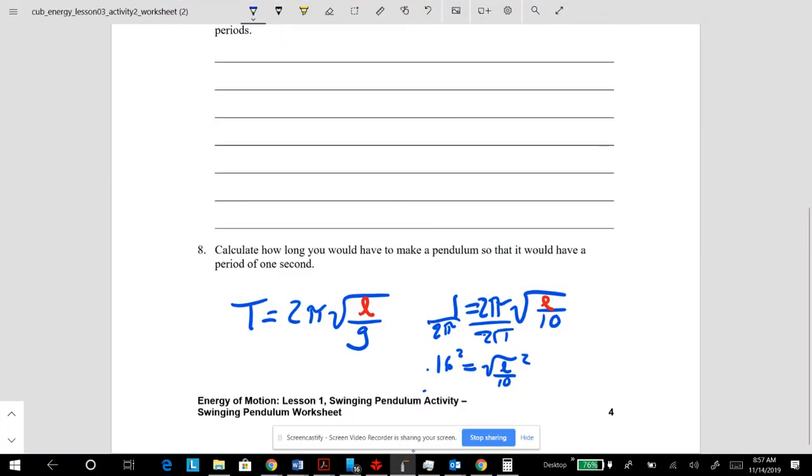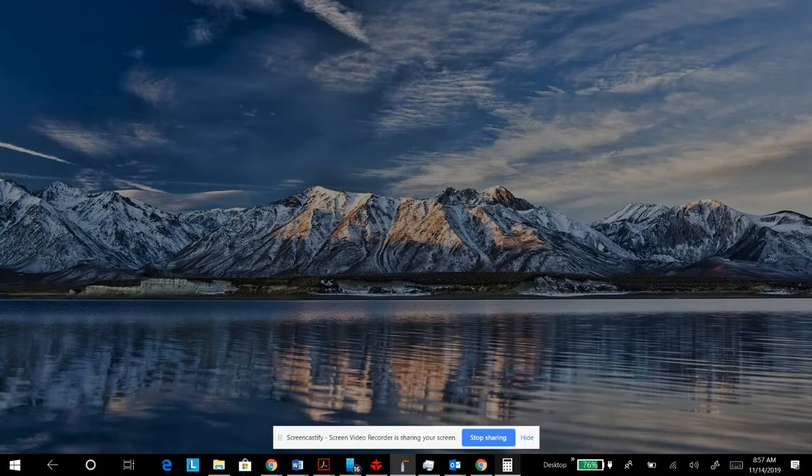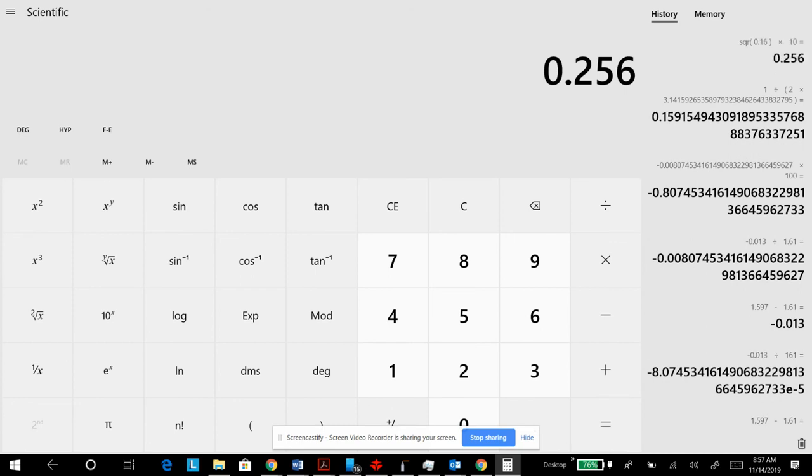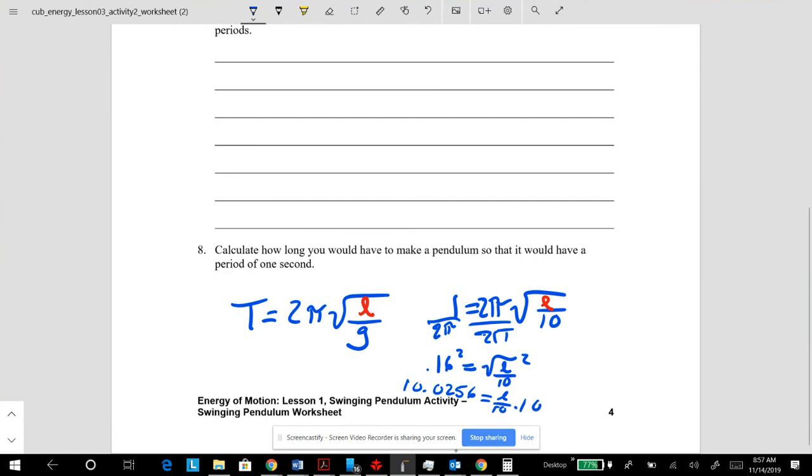It's 0.0256 equals L over 10. I can multiply everything by 10. So it's basically just going to move my decimal point. So it's 0.256. So I have L equals 0.256.